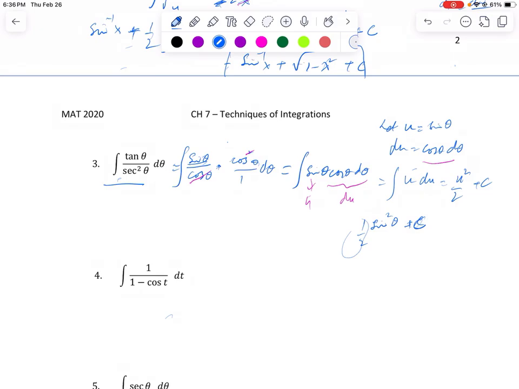Another way of doing it, I will do it with a different color, is by seeing this quantity sine theta times cosine theta d theta. Maybe some of you thought about it. If I had a 2 here, then this becomes sine 2 theta. But if I want a 2 here, I must have a 2 in the bottom. So I put that over here, which is equal to 1/2 integral of sine of 2 theta, which is going to be 1/2.